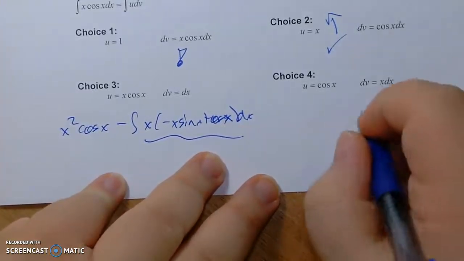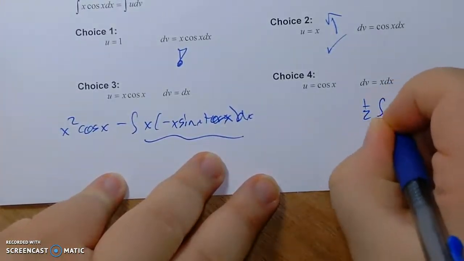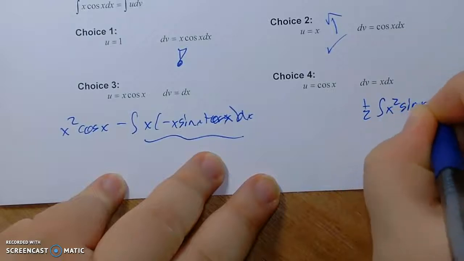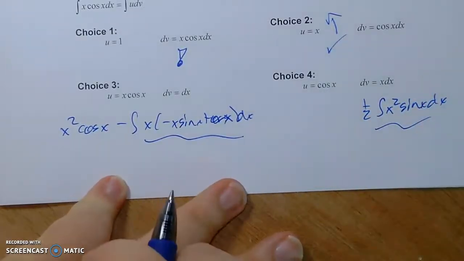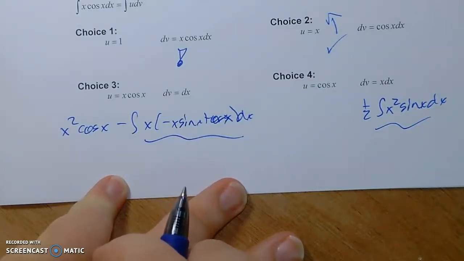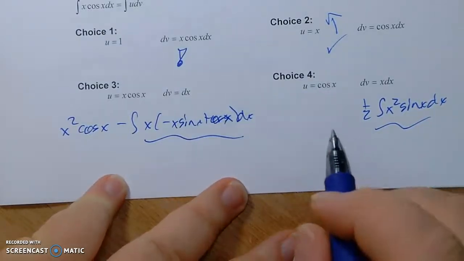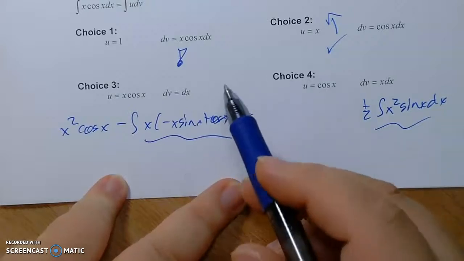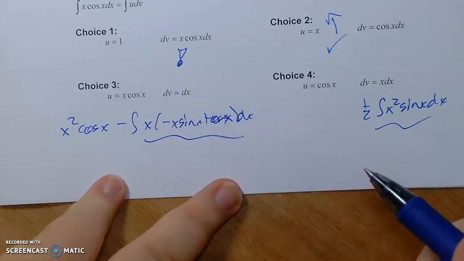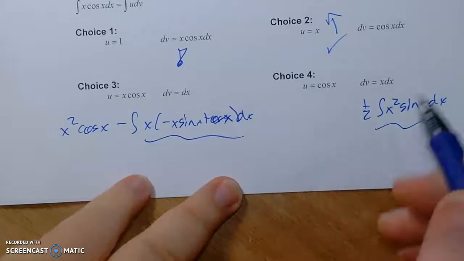Over here, we would get 1/2 the integral of x squared sine x dx. And again, that's something I don't think we can actually do without applying integration by parts. You will find, the more you do of these, you will find an instinct for what to use as your u and your dv.